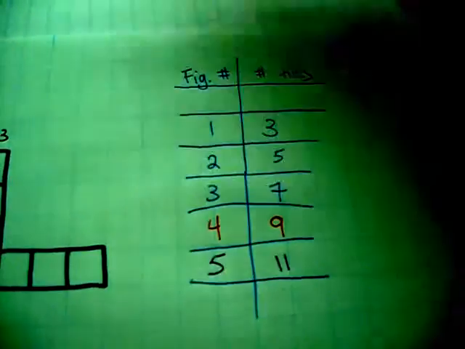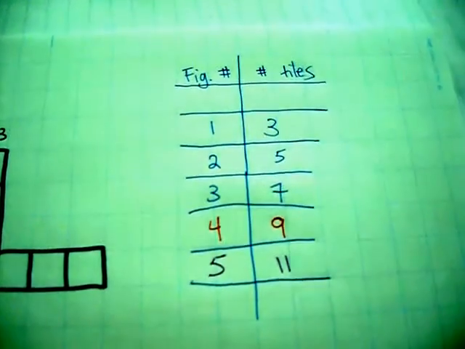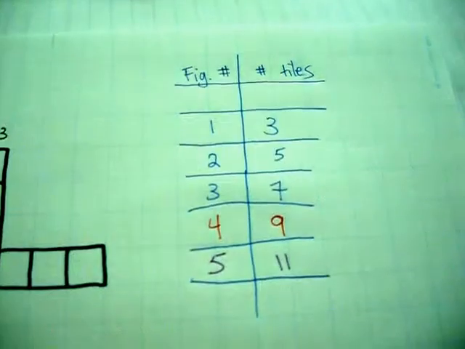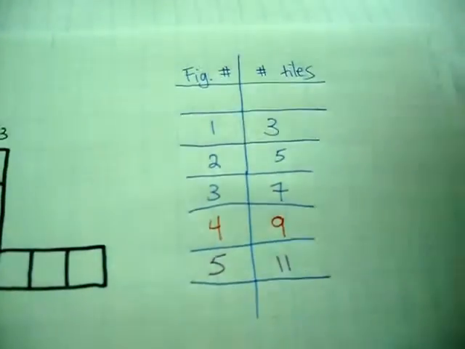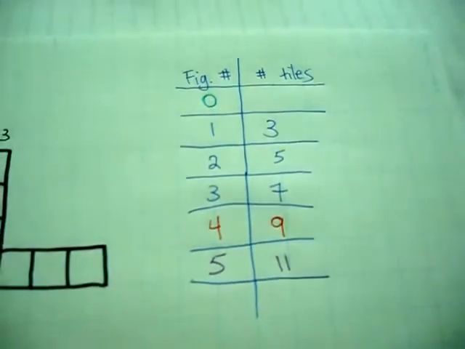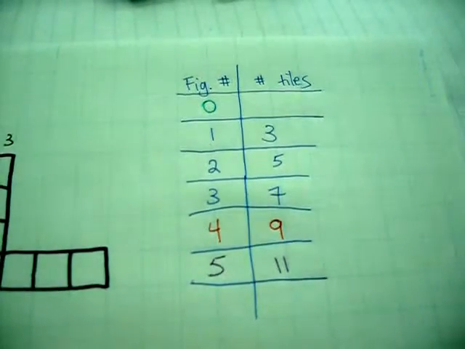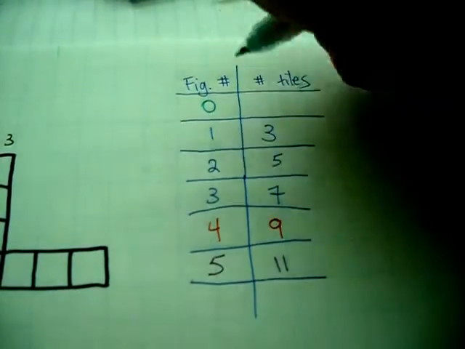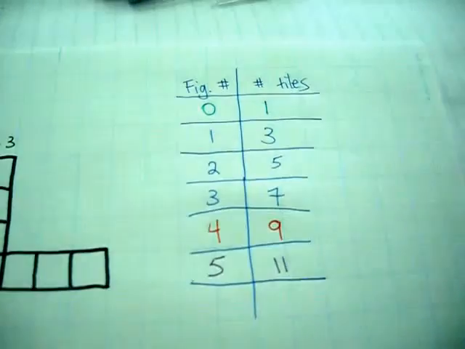Okay, so I'm going to show you something here. If we were to go backwards and say we used a theoretical figure number 0, how many tiles would that be? Yeah, I guess 1 as well, right?